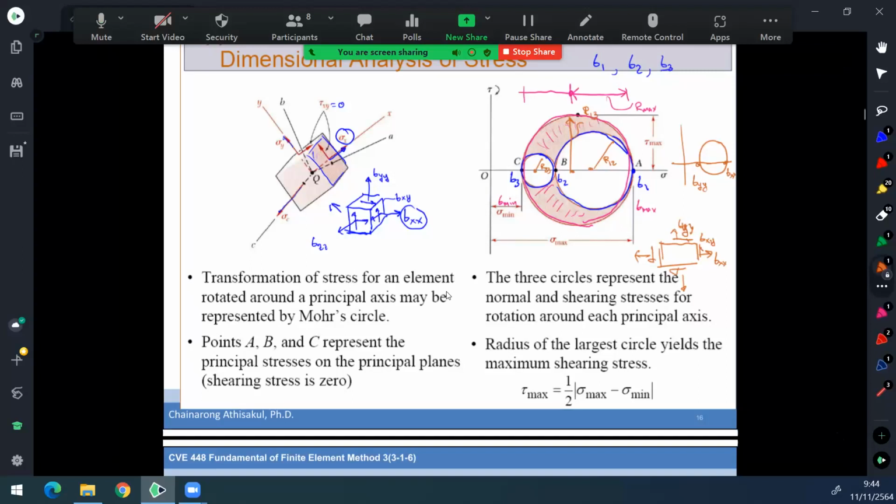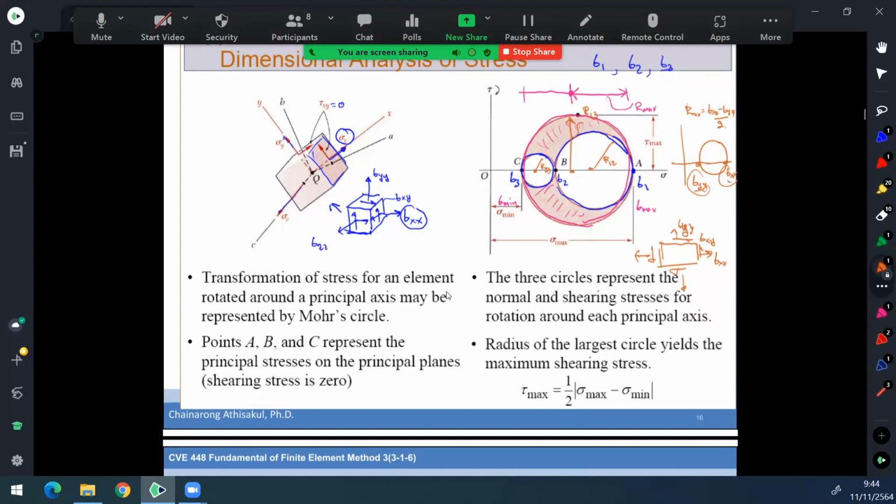So when you find the shear max, if you focus just on this plane, you will see that this plane has shear max equal to sigma x minus sigma yy over 2, right? If sigma x and sigma y become the principal stresses.